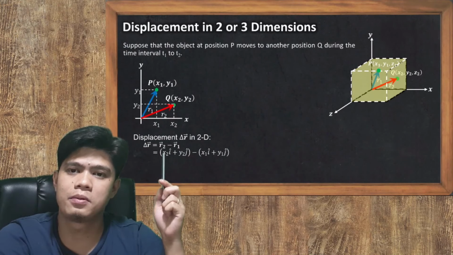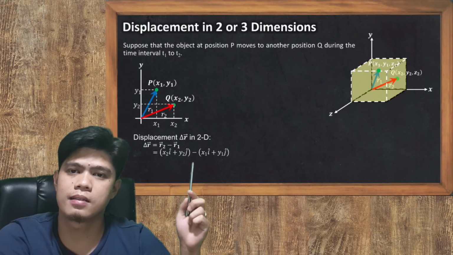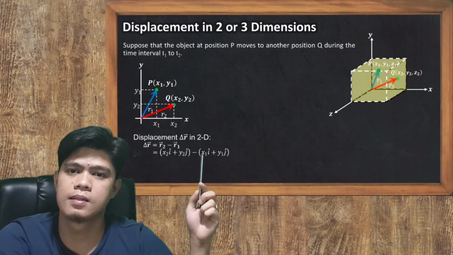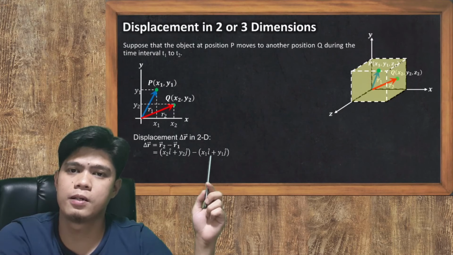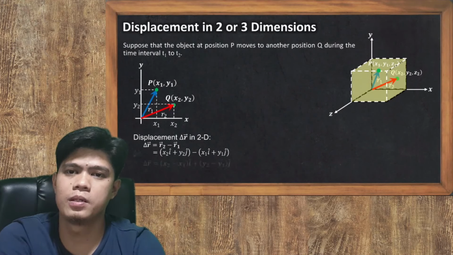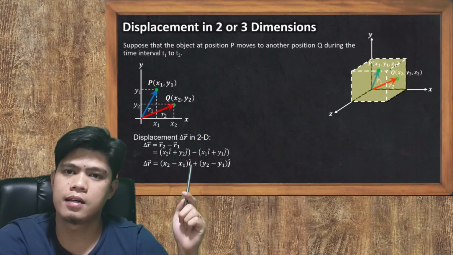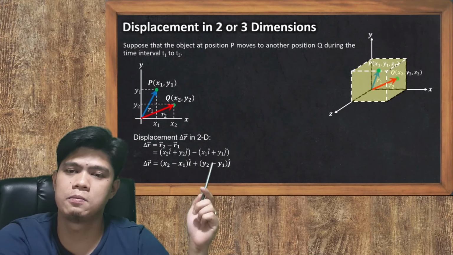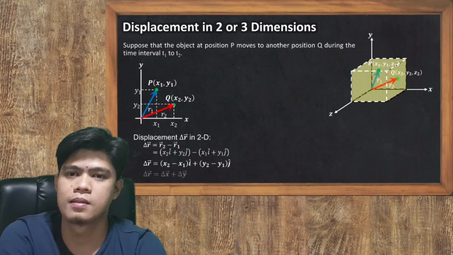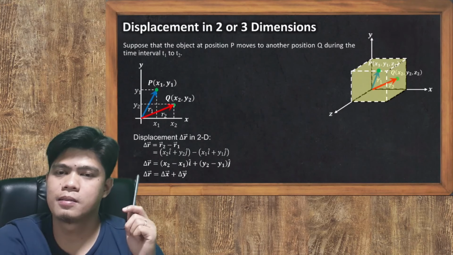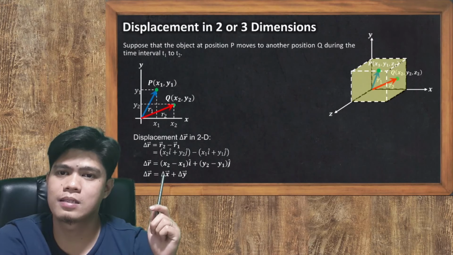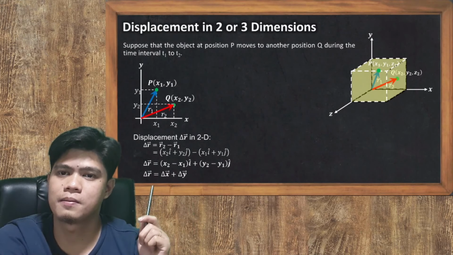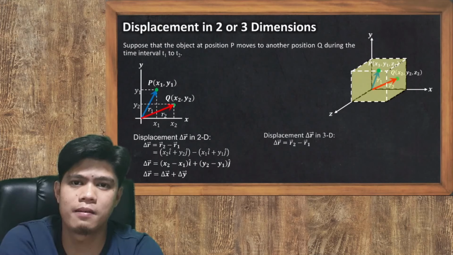Our r2 has a component x2 i hat plus y2 j hat, and our r1 has the components x1 i hat plus y1 j hat. Now we group the i hat, so that is x2 minus x1, and in the j hat we have y2 minus y1. So our displacement is just the displacement along x plus the displacement along y. Now in 3 dimensions, we have a similar pattern.